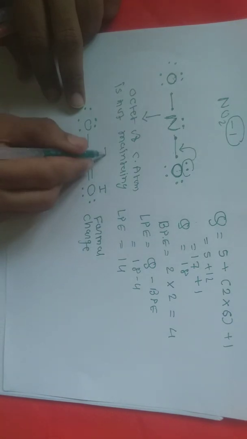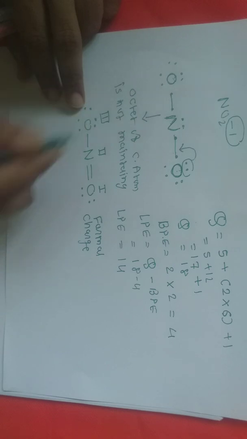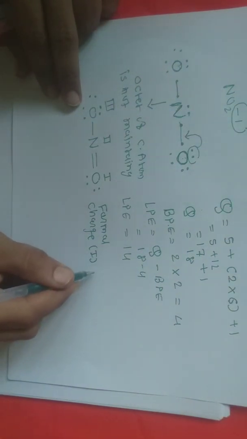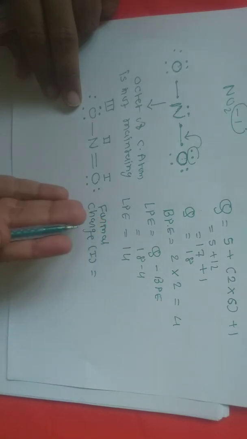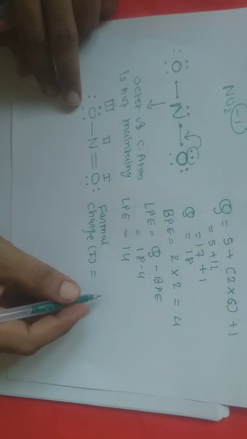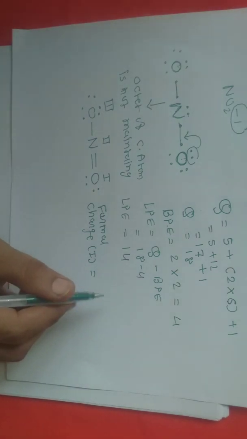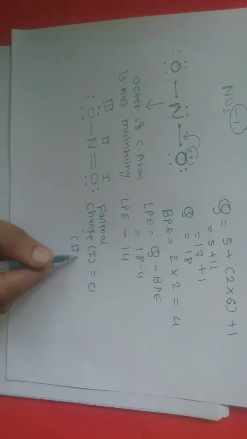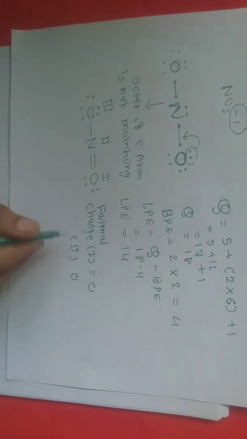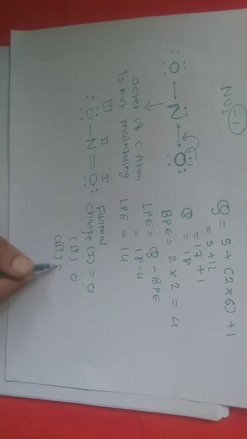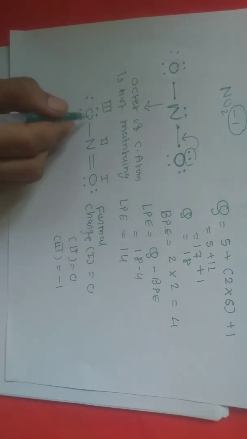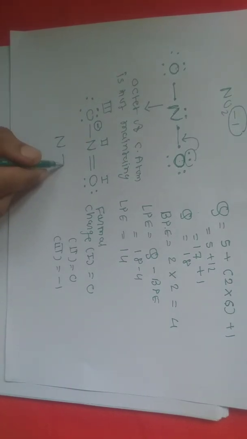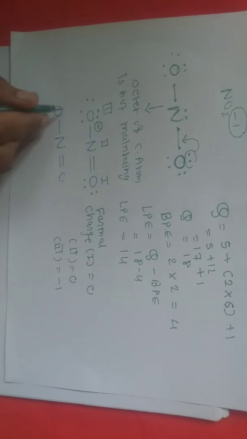Say this is the first atom, this is the second atom, and this is the third atom. If I calculate the formal charge of the first, which we have already calculated just before this page for this oxygen, it was 0. If you calculate the formal charge of the second, nitrogen, that is also 0. If you calculate the formal charge of the third one, it gives me -1. So the negative charge will be on this atom. So my Lewis dot diagram gives me a structure like this.